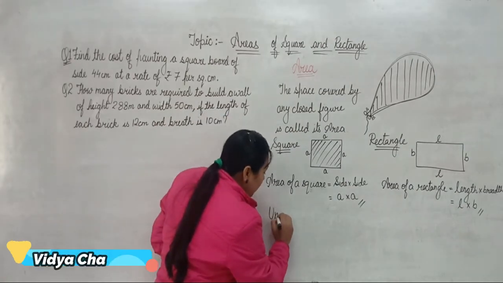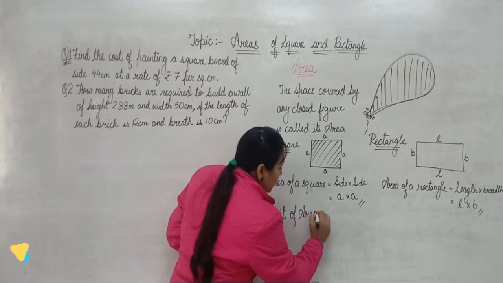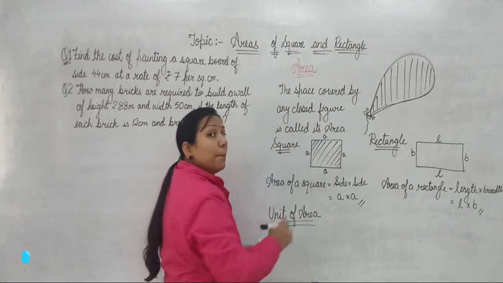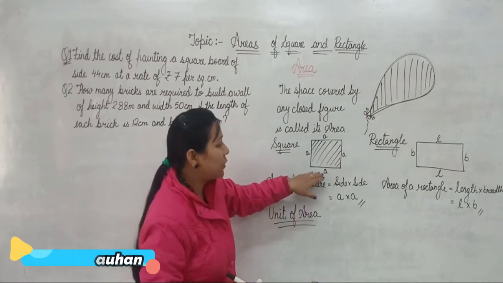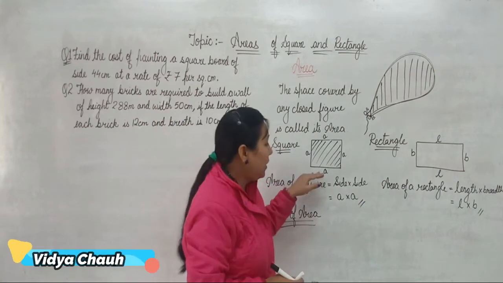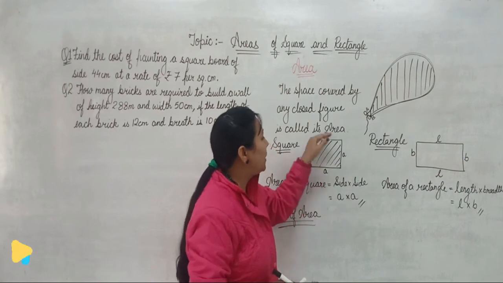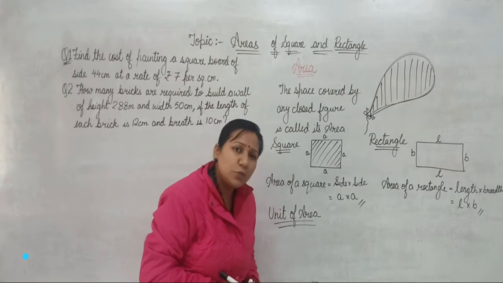Now, what will be the unit of area? Just because the two values given to us, like side into side, we are multiplying. When we are adding, for example, if this square is of 2 centimeters, then when I was calculating the perimeter, simply it was 2 plus 2 plus 2 plus 2. That means 2 centimeter plus 2 centimeter plus 2 centimeter plus 2 centimeter.